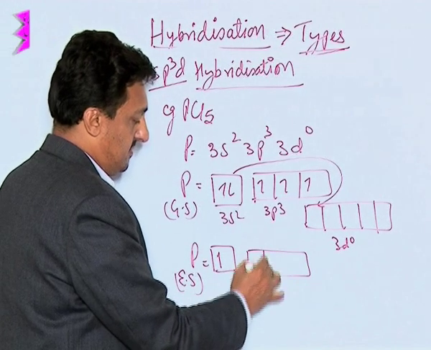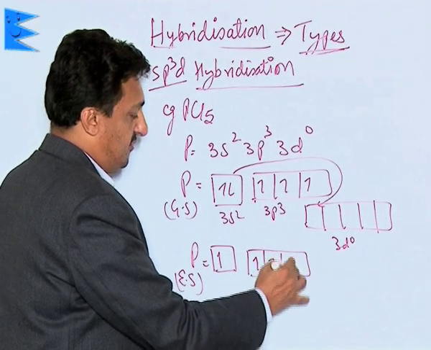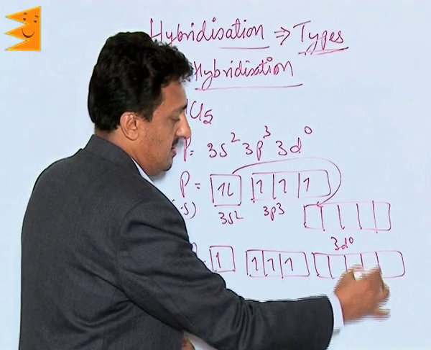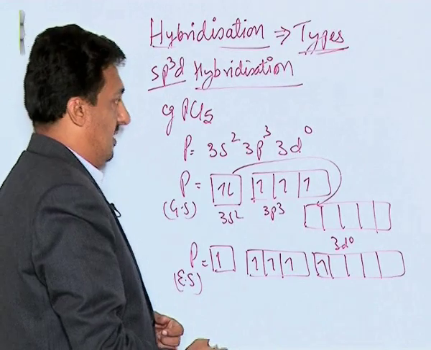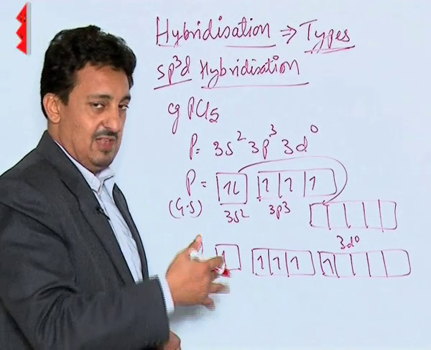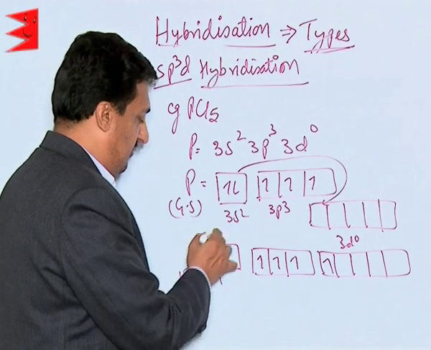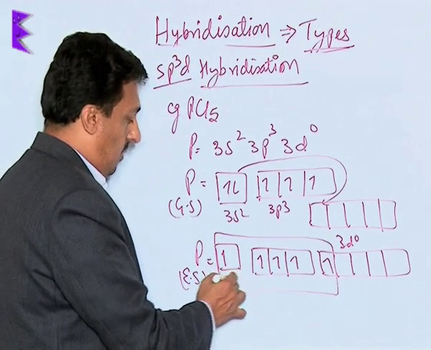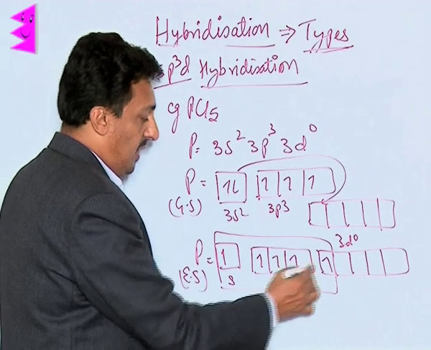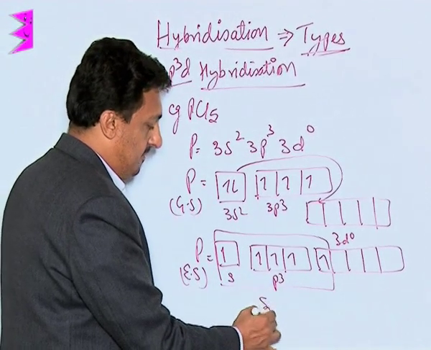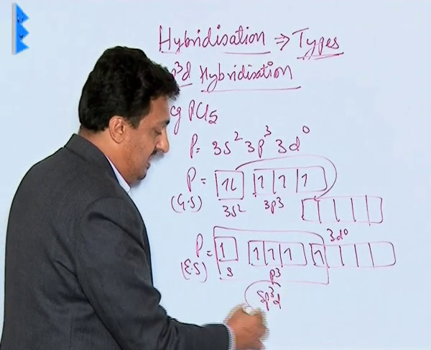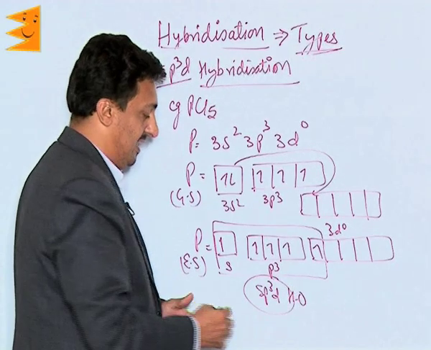All its 5 electrons get unpaired. Now since phosphorus is combining with 5 other atoms, like chlorine atoms, all these 5 orbitals, 1s, 3p and 1d, overlap to form or intermix to form sp3d hybrid orbitals.